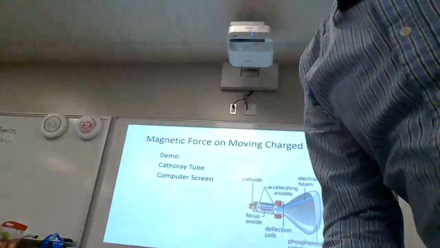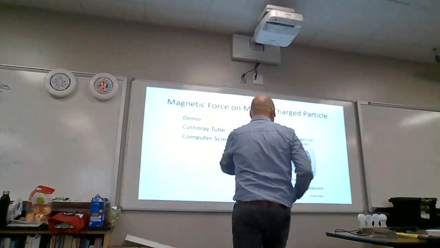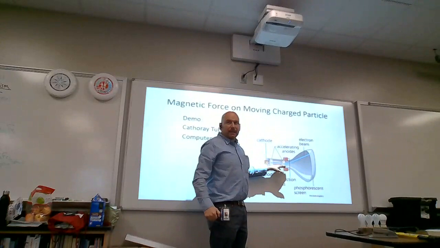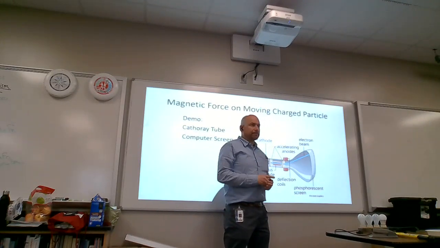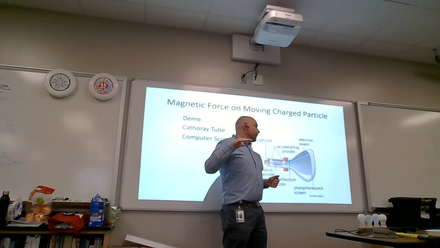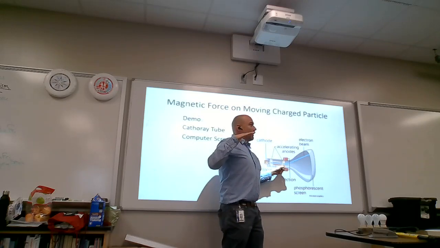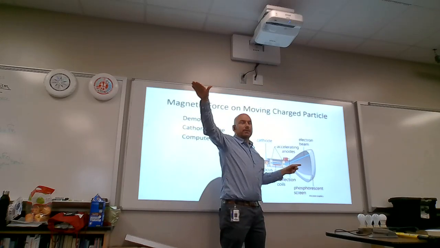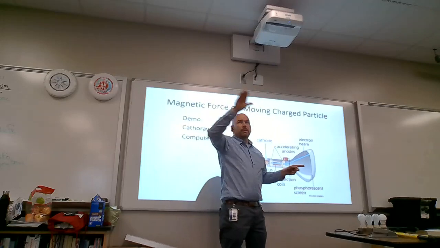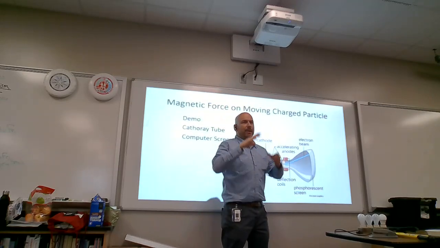It has an electron gun that shoots electrons towards the screen. The technology in here is pretty amazing. It shoots electrons towards the screen and it actually directs it across the screen. And it goes so fast, it actually makes a whole picture.